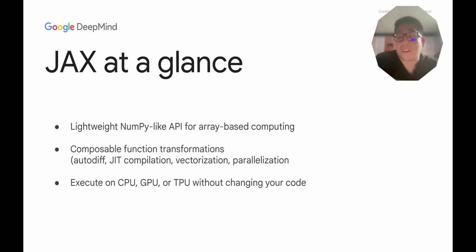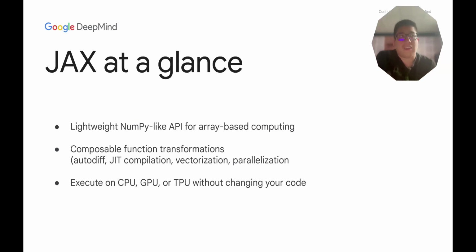You can vectorize code. If you decide that this function just works for one image, you can say, what happens if I give it 100, 200 images, and it will create the code to actually vectorize your function. And finally, parallelization. If you want a huge model in which you send copies to different GPUs and each one computes gradients, it can actually parallelize your code for you.